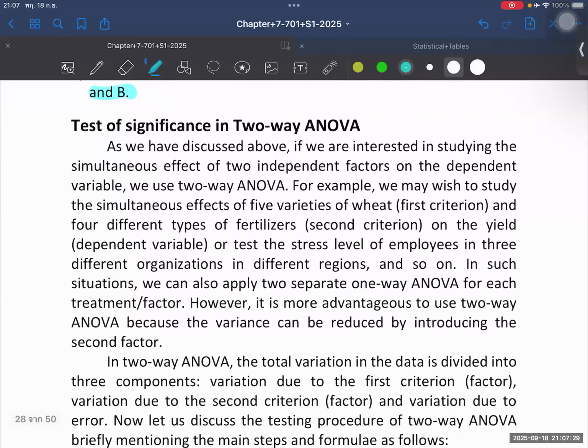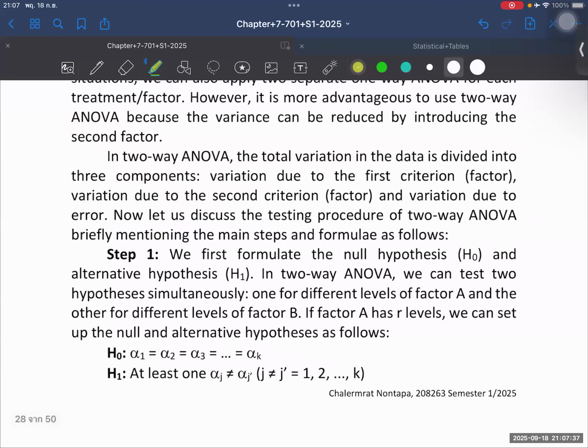So we want to test the significance of the two-way ANOVA. What do we want to do? First we want to test the null hypothesis for the first factor: alpha 1 equals alpha 2 up to alpha k, against the alternative that at least one alpha is different from another.